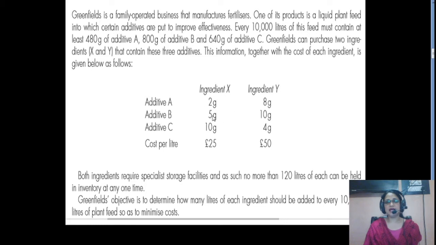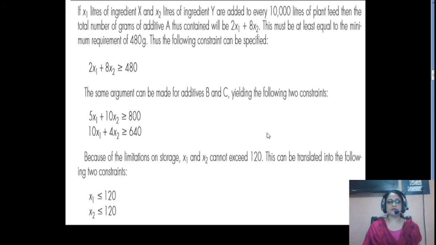Similarly, for additive B it would be 5x1 plus 10x2. For additive C, it will be 10x1 plus 4x2. This is what I have written here. So here is the inequality: 2x1 plus 8x2 should be greater than or equal to 480.